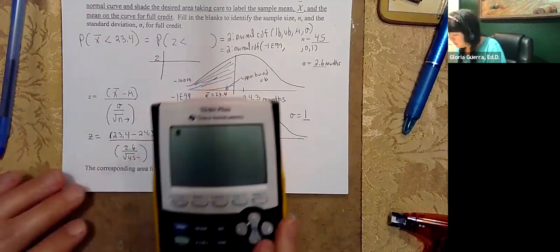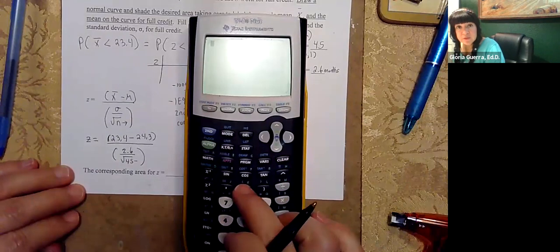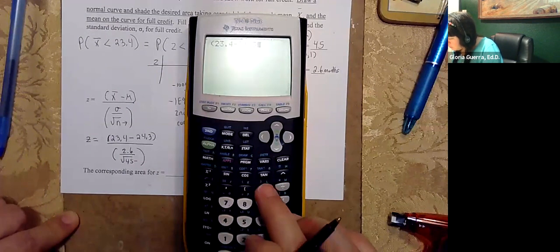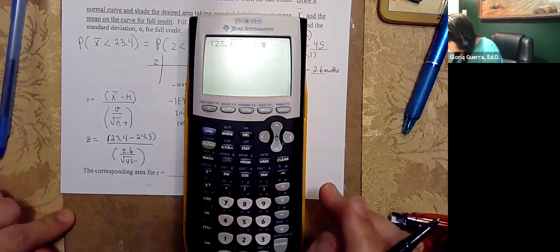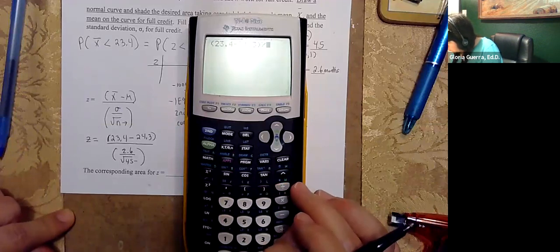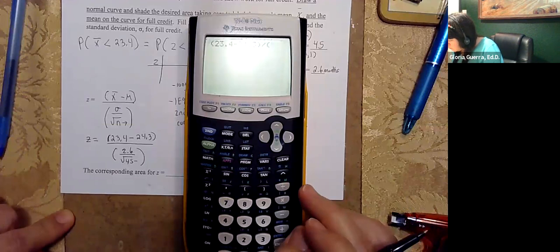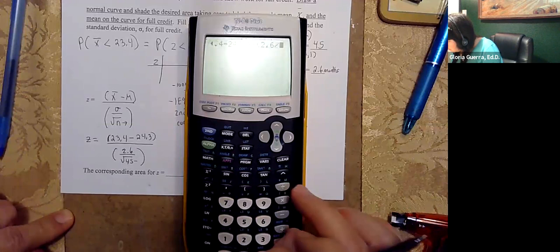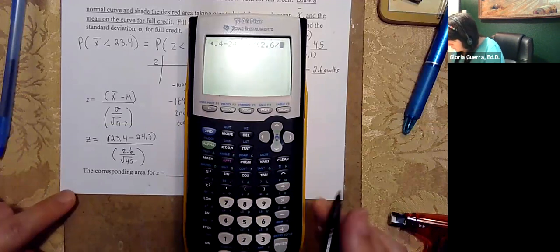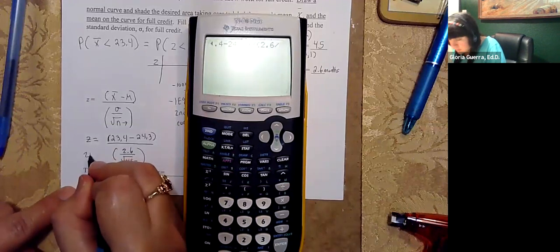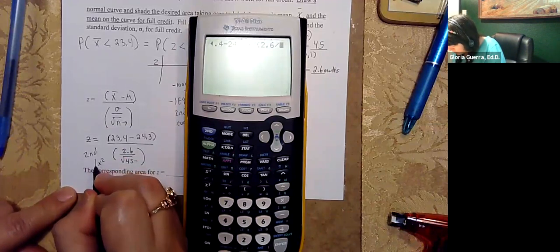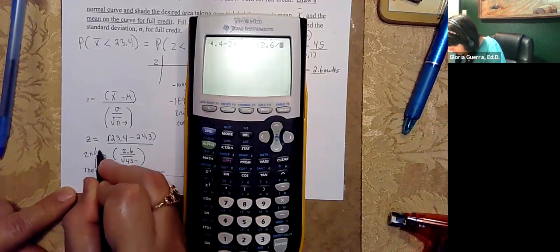Okay. So let's see. Open parentheses, 23.4, take away 24.3, close parenthesis, divided by, open parenthesis, 2.6, divided by, and then you need a second, and then x squared, because on top of that you have your radical.